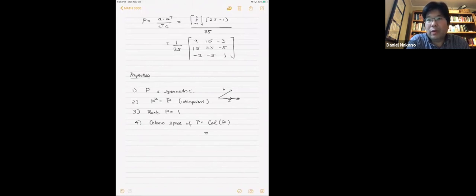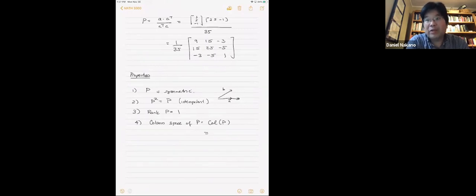What does P do to the vector B? What's the dimension of the column space? 1, okay.